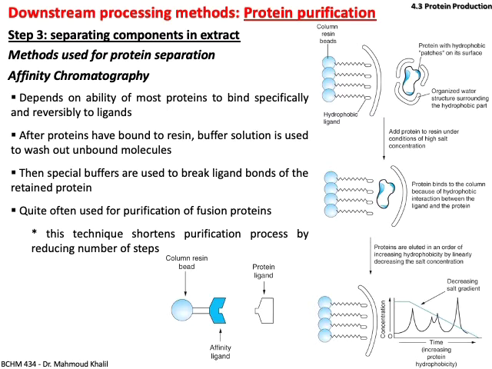You can see that this protein will bind to the ligand, and the other stuff will pass through the column. After that, proteins are eluted in order of increasing hydrophobicity by linearly decreasing the salt concentration, and you can see the peaks for the different products that have been eluted.